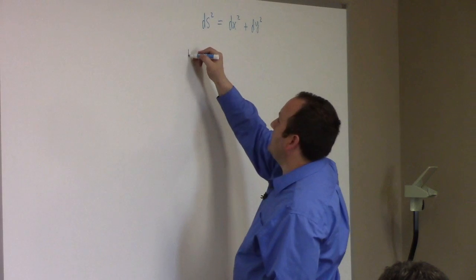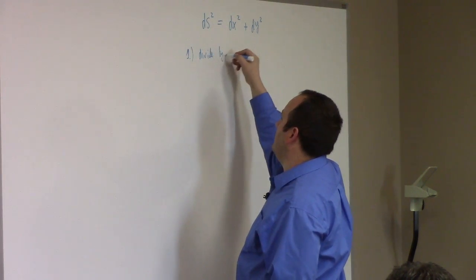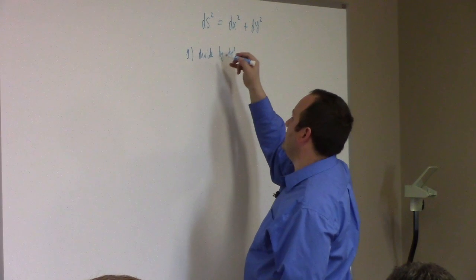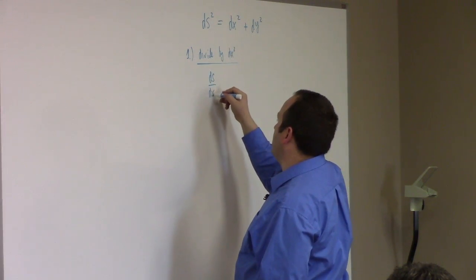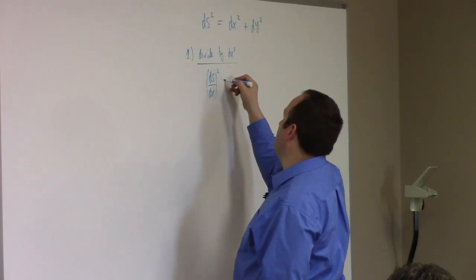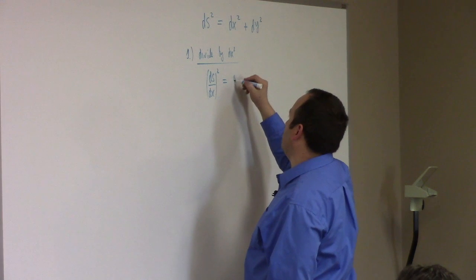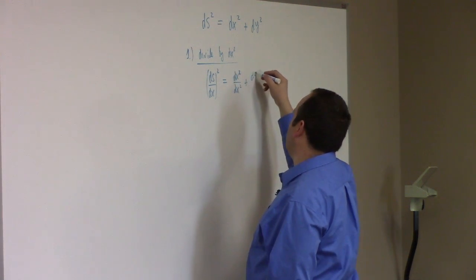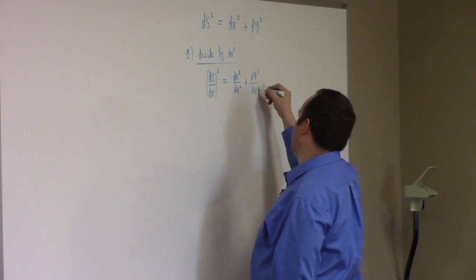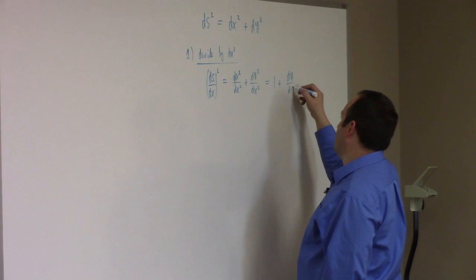Like, number one, divide by dx squared. What does this give you? It gives you ds dx quantity squared equal to dx squared over dx squared plus dy squared over dx squared, which is equal to 1 plus dy over dx quantity squared.